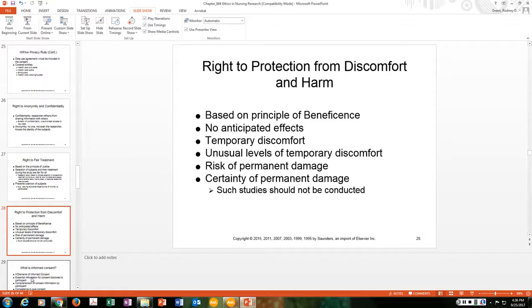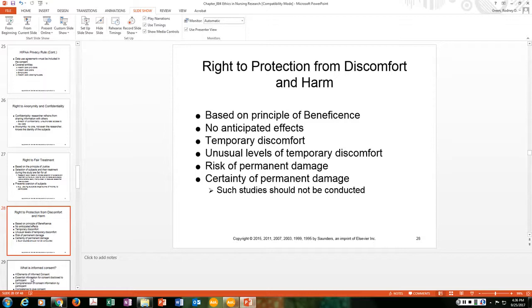There may be no anticipated effects on the participants, and that might occur if it's just a review of patient records. Temporary discomfort. Some discomfort might occur if you've asked someone to fill out a questionnaire.